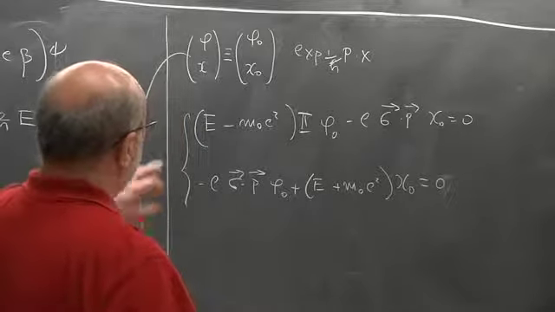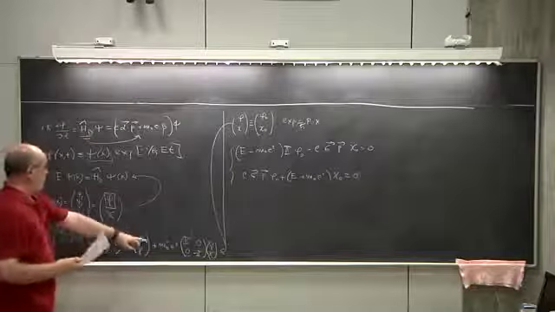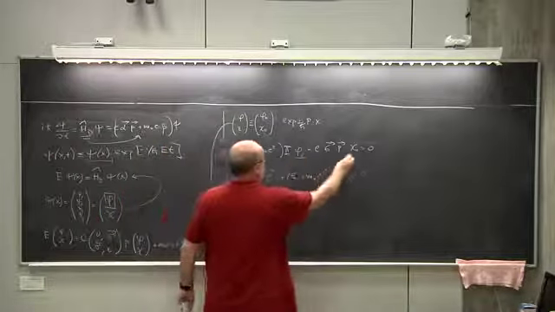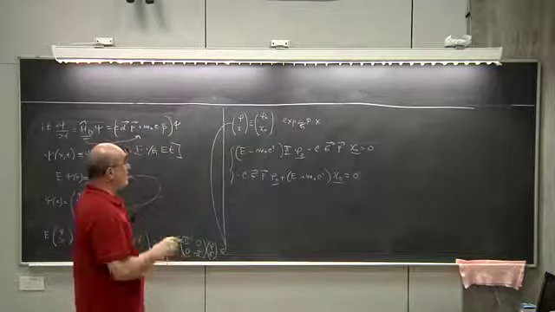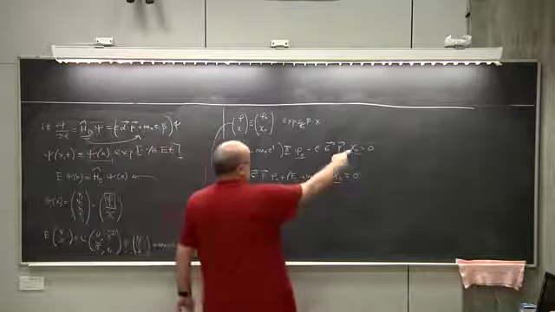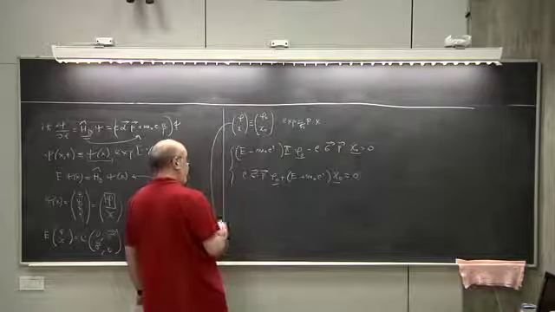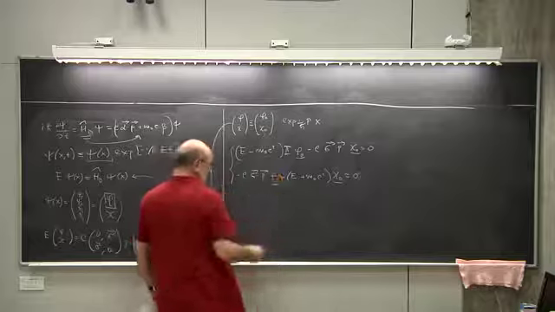Basically I have brought this term to the other side, and so on and so forth, and put together the phi 0, chi 0. So this is an eigenvalue equation, and these are basically four linear equations, because each of them has two components and is equal to 0.